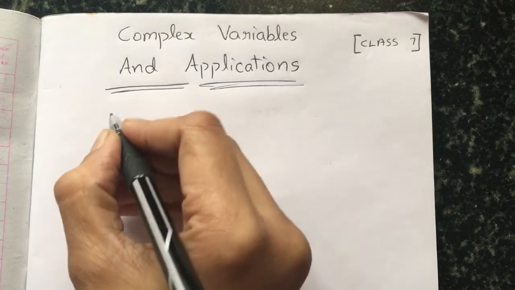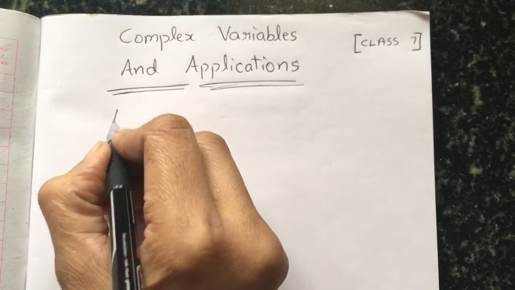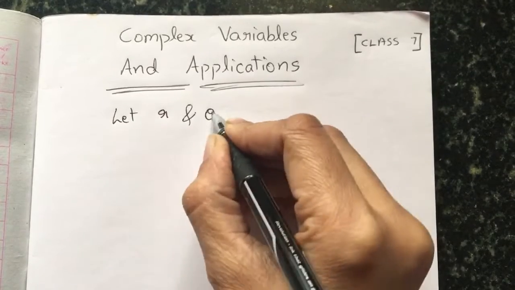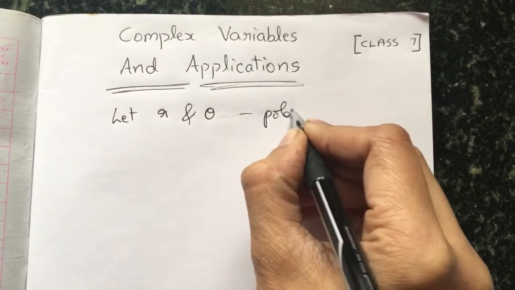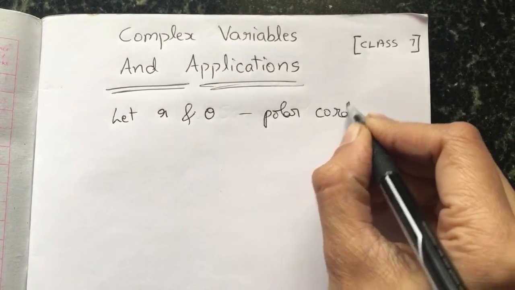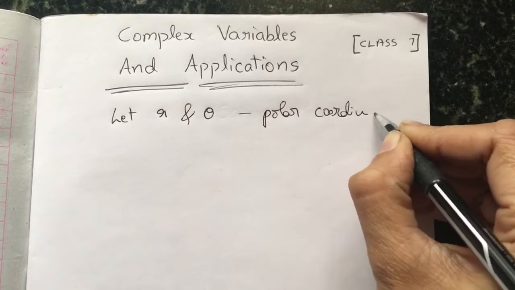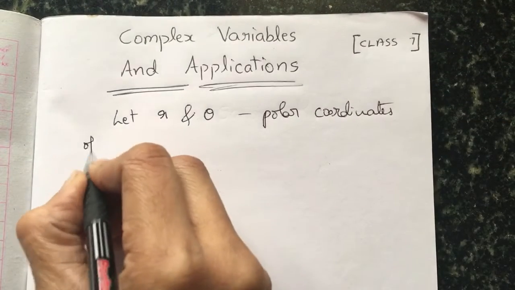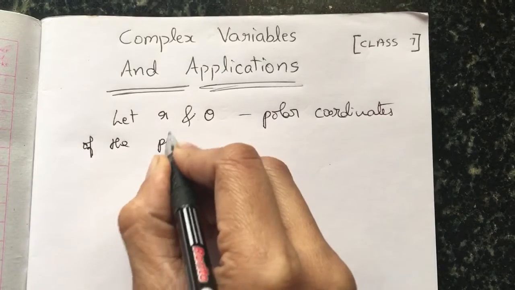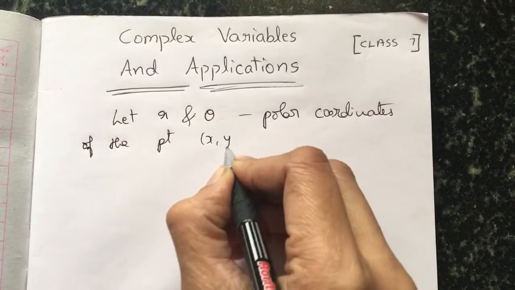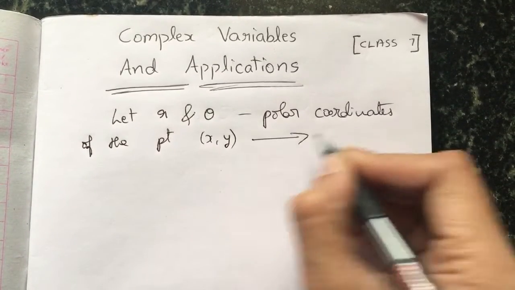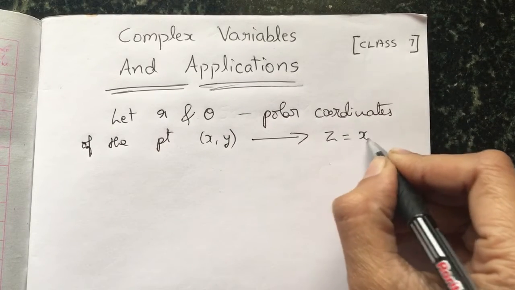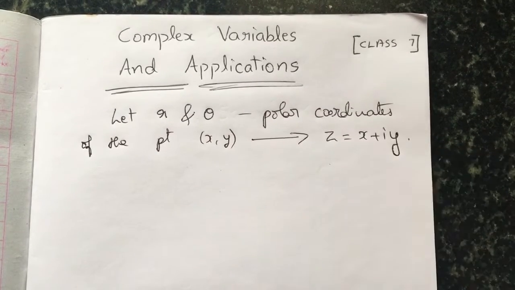Let r and theta be the polar coordinates of the point, say x comma y, that corresponds to a non-zero complex number, say z equal to x plus iy.